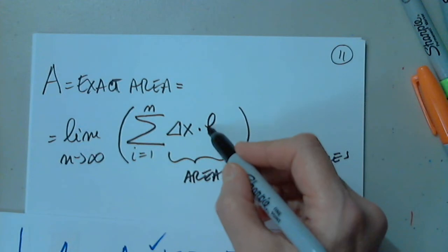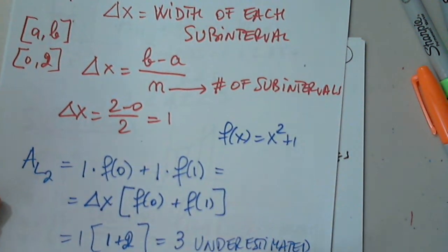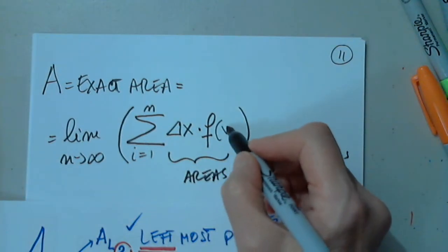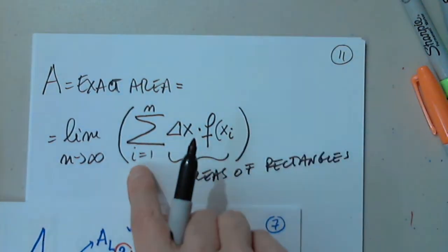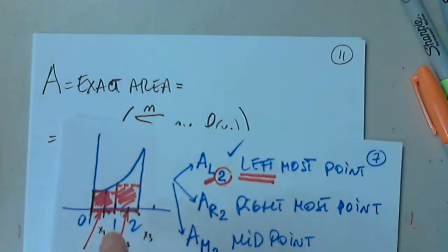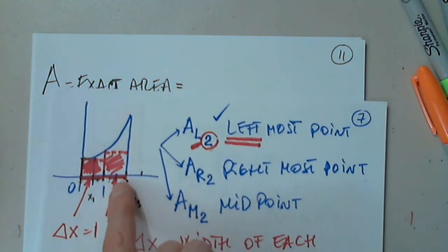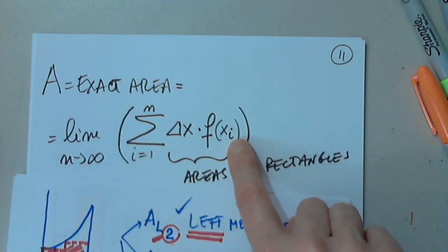So this is f, the function value at that particular point, x_i, because this one depends on where the interval is. If I'm here, it will be x1 for the first subinterval. If I'm here, it will be x2 for the second subinterval.